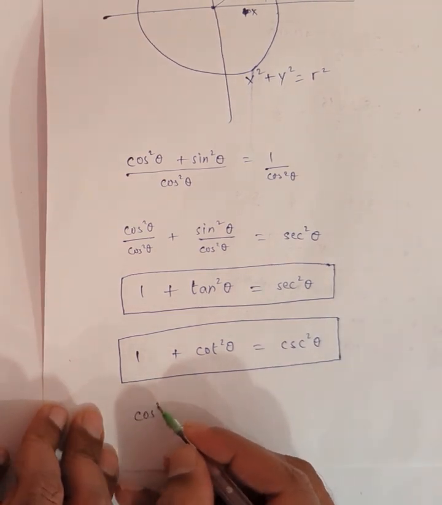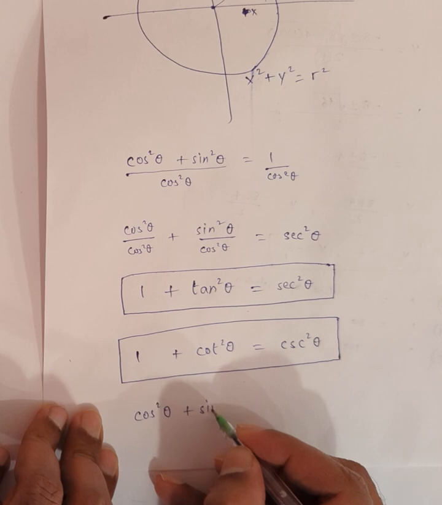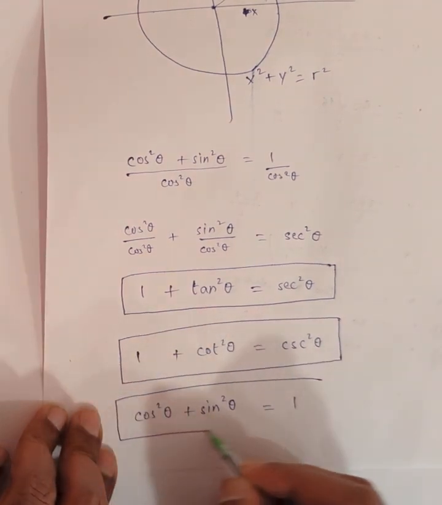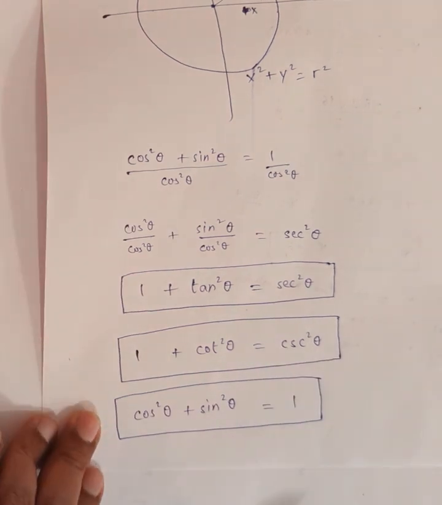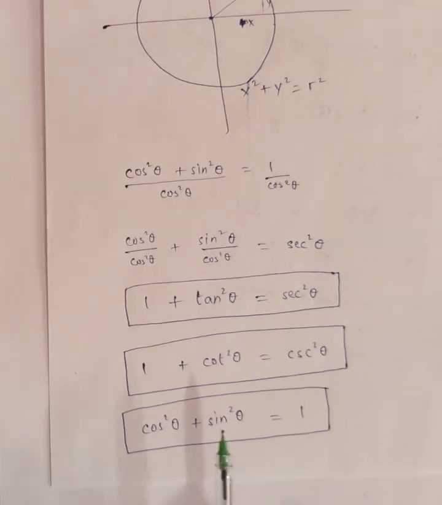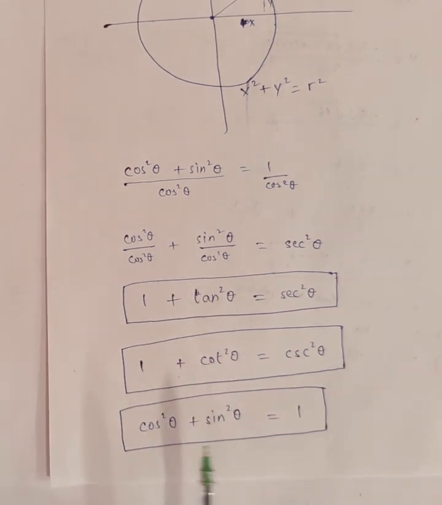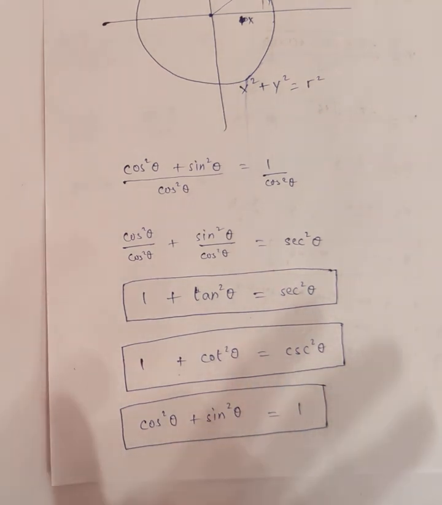The first one was cos square plus sine square equals 1. So these are the three Pythagorean identities. The most important is this one, and the other two can be derived simply by dividing both sides by either cos square or sine square. And that's what I wanted to show in this video.